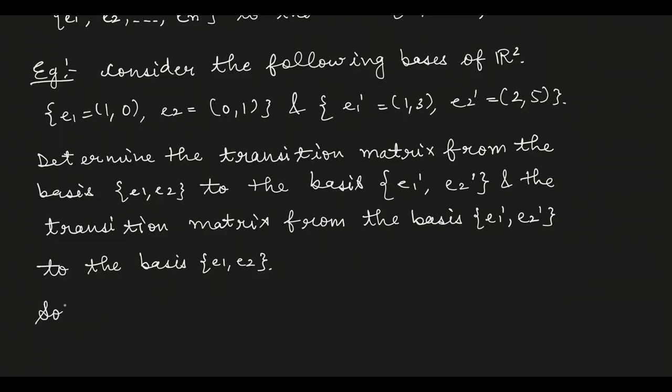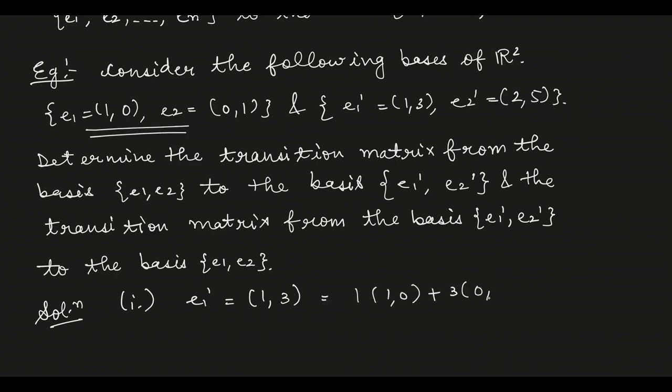Solution. Firstly, I will determine the transition matrix P from the old basis to the new basis. So E1 dash is (1, 3). I can write it as the linear combination of the old basis: 1 times (1, 0) plus 3 times (0, 1).